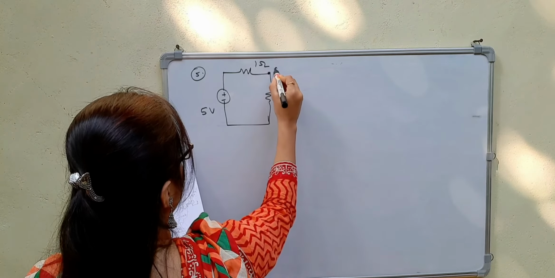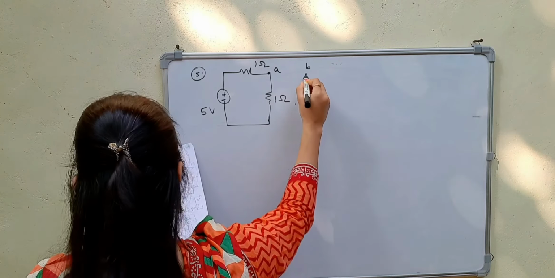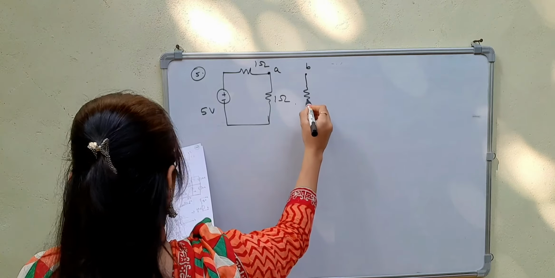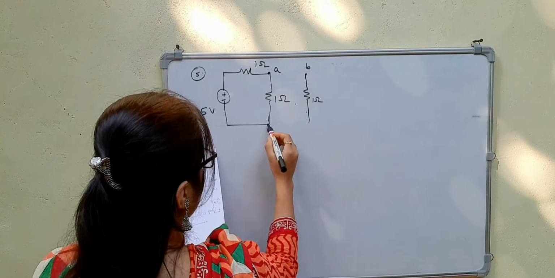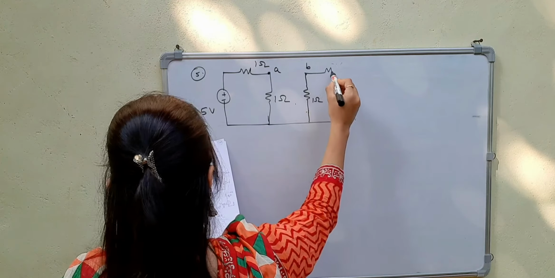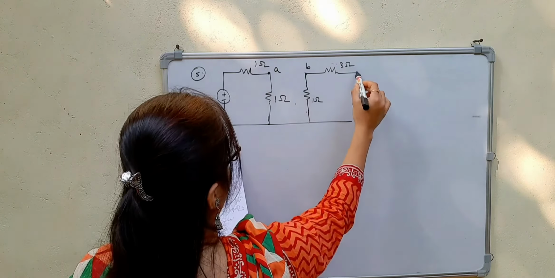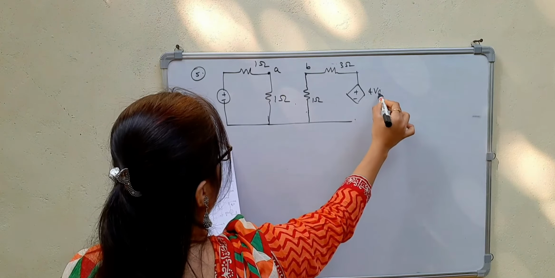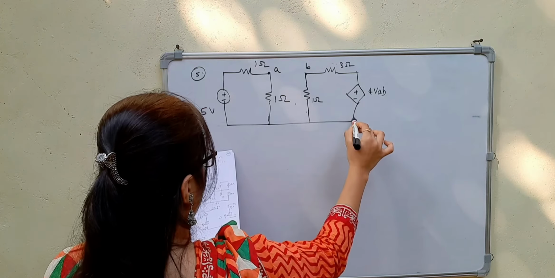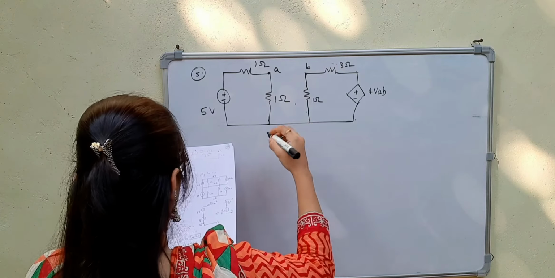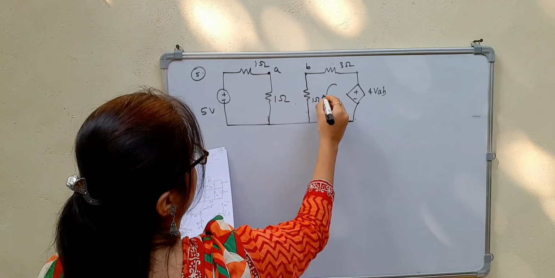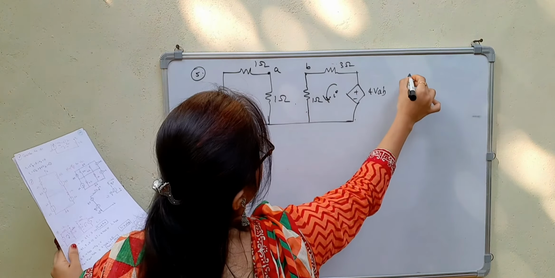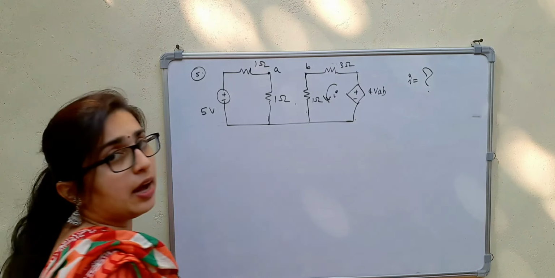Then this is the point A. This is node A, node B. This is again 1 ohm resistor. This is 3 ohm resistor. And here we have a dependent source of value 4 VAB. Now they are asking you to find the value of I. What is the value of I?